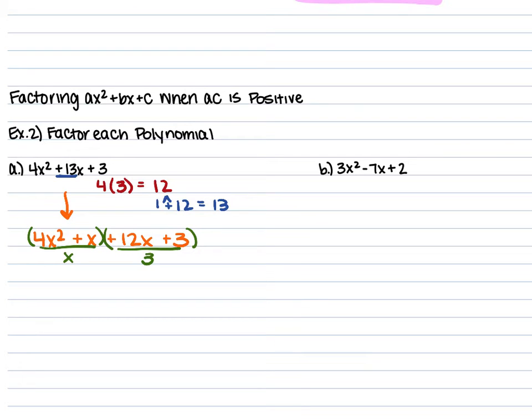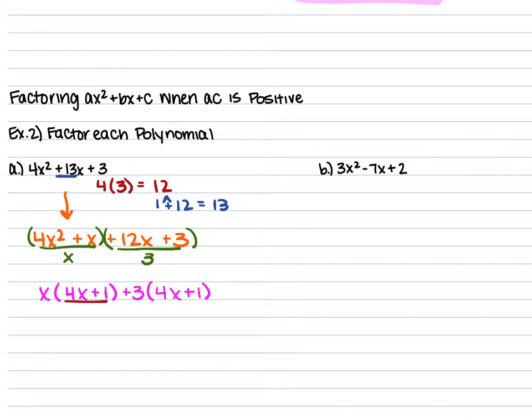When we factor these terms out, they go out front of the parentheses, and what's left in the parentheses is what's left over when you factor out that greatest common factor. So the 4x squared plus x, we factor out an x, we're left with 4x plus 1. For the 12x plus 3, we factored out a positive 3, so that goes next, and we have 4x plus 1 left over inside those parentheses.